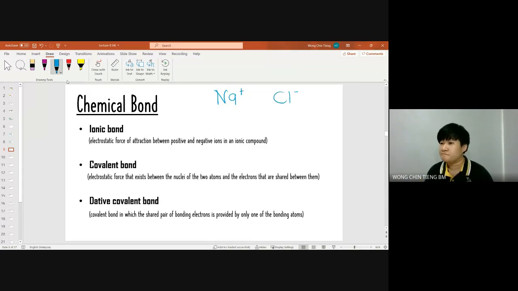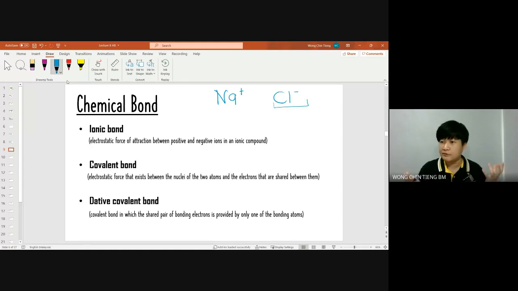Kenapa sodium akan jadi positif, Cl jadi minus. Bila kamu kata, I need to accept an electron to become Cl-, the next question is, where does the electron come from?